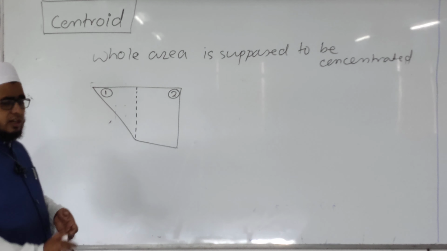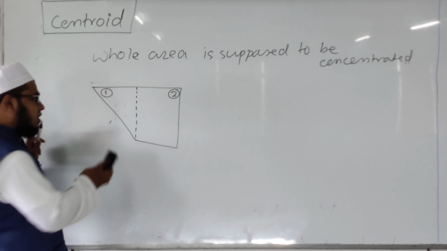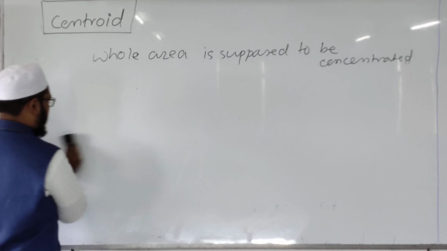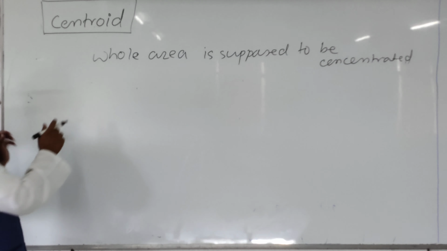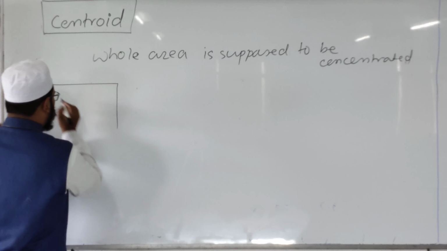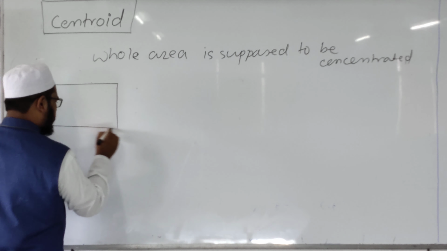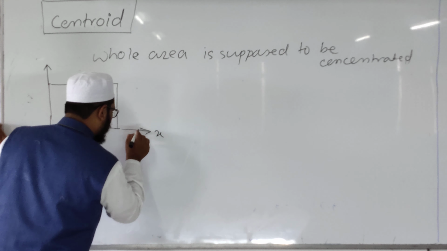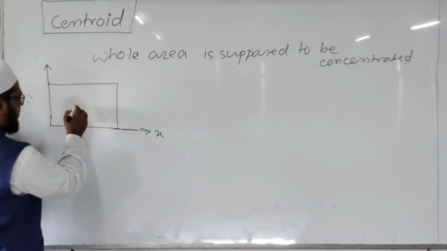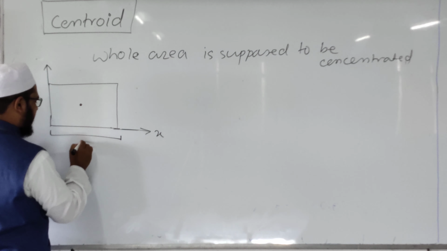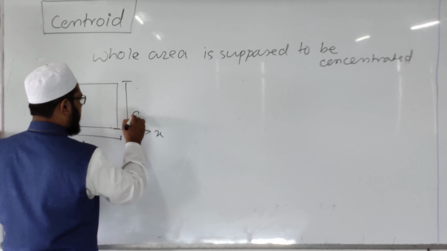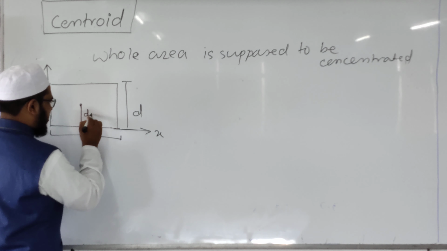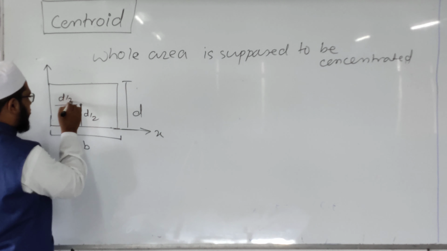For determination of the centroid of the irregular figure, we require the centroid of a standard figure. We will write the centroid of a standard figure here, which is already known to us, but for understanding, I am writing: if it is a rectangle having width b and depth d, then this centroid is b by 2 and d by 2.